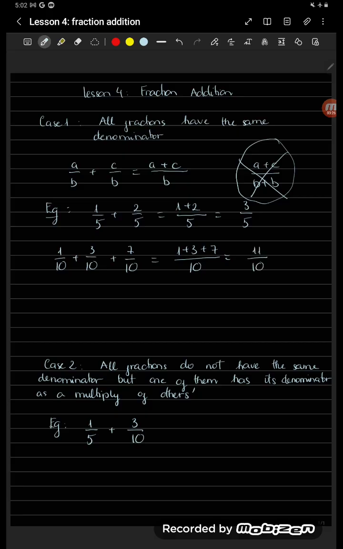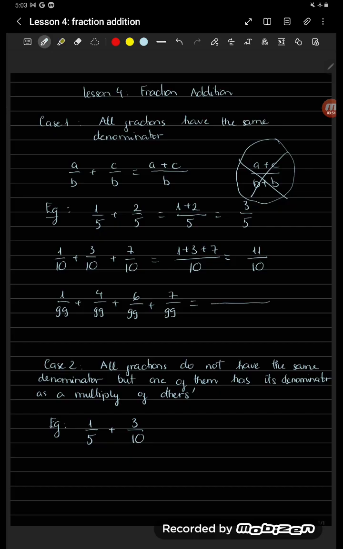If we have another example, let's say we have 1 over 99 plus 4 over 99 plus 6 over 99 plus 7 over 99. You can see those four fractions all have the same denominator, 99.